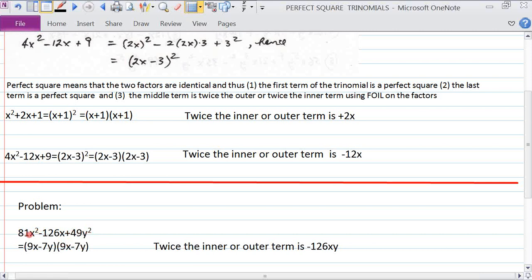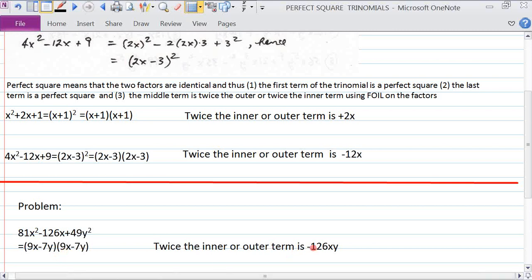So we ask ourselves, is this a perfect square? Yeah. 9x times 9x gives us 81x squared. 49y squared is a perfect square if we use 7y and 7y. Now the only way we're going to get minus 126 is, you can see here that the inner term is minus 7y times 9x, which is minus 63xy.